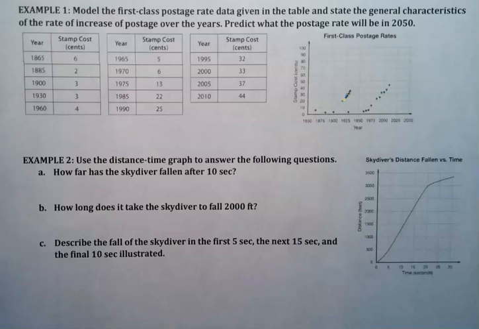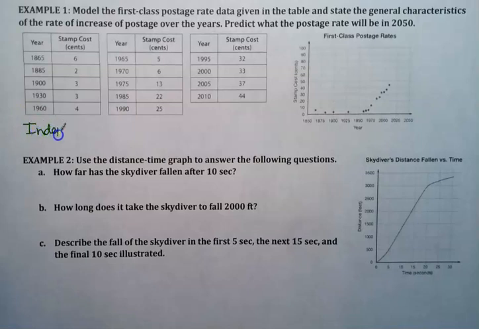So we have modeled the table into this graph. Now we want to state some general characteristics of the rate of increase of postage over the years. What are some general things that you could say? It could be even which one of these is independent, which one is dependent.